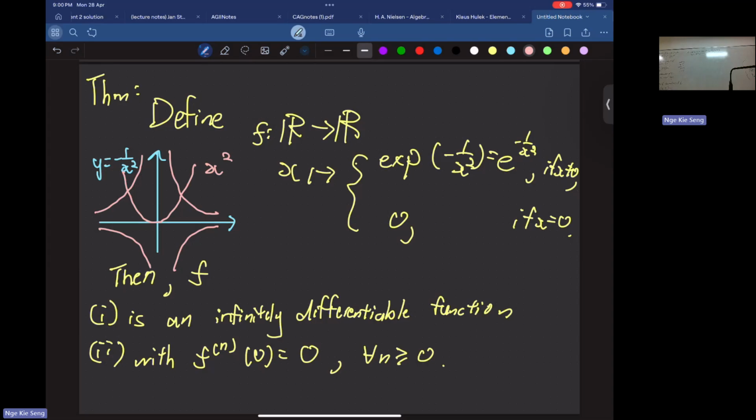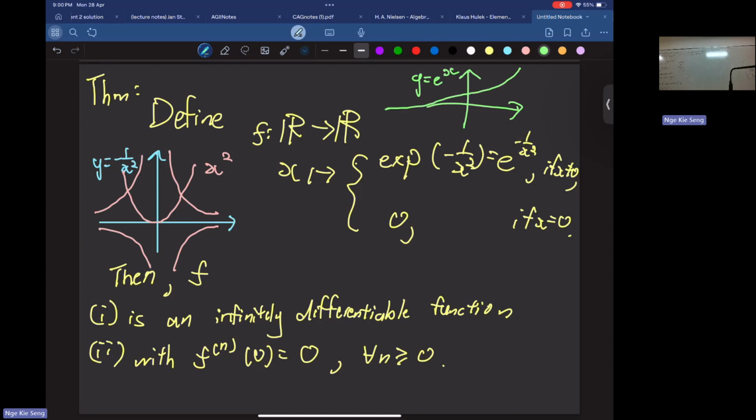Let's go to the basic graph of e first. y equals e^x, how to plot? It's positive, very good, and increasing.